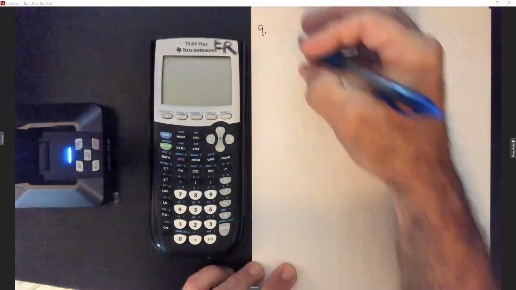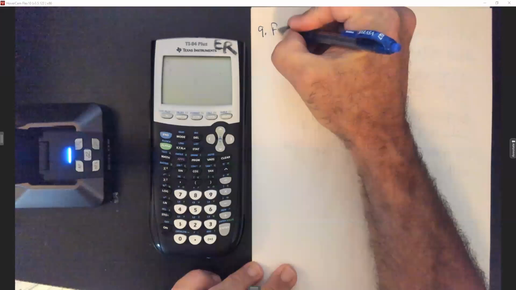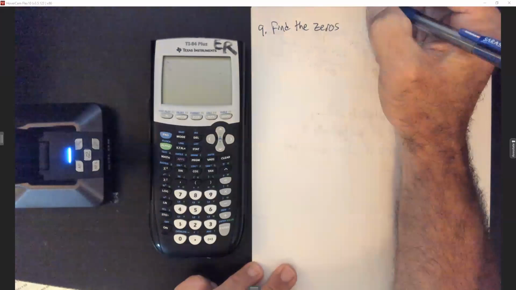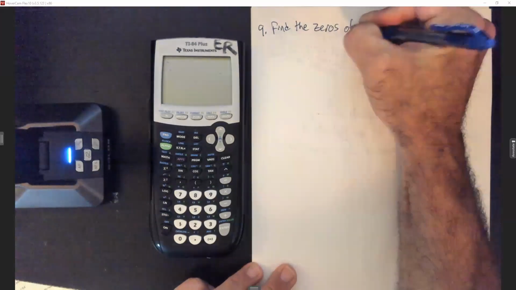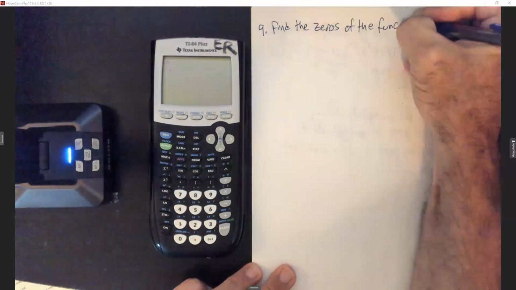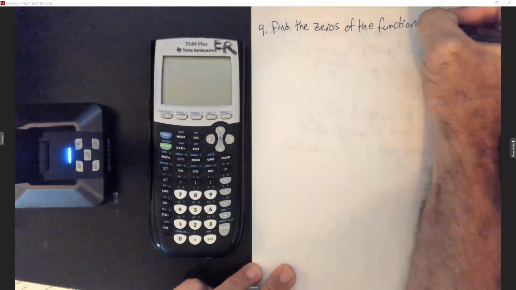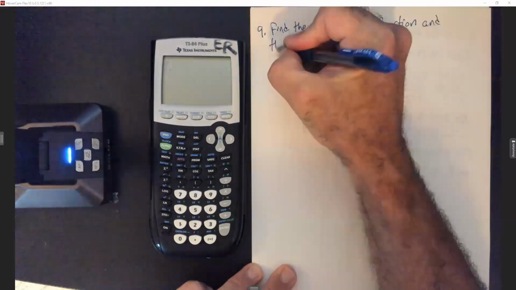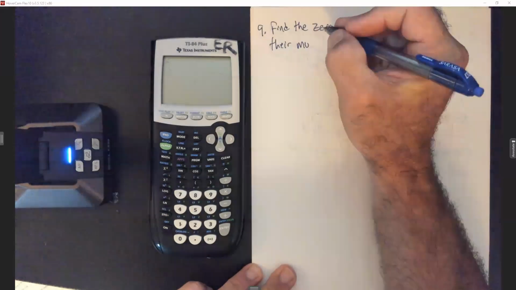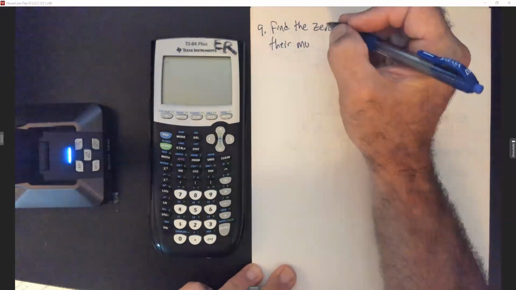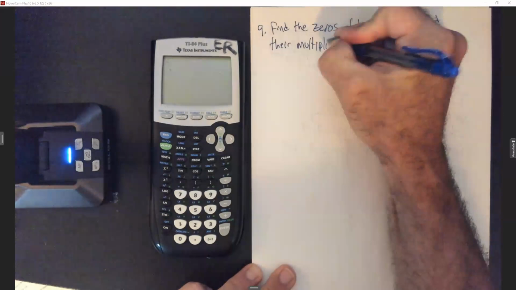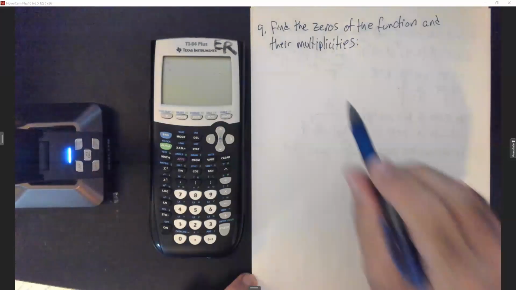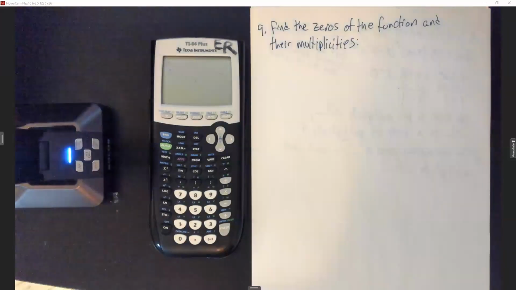We're going to find the zeros of the function and their multiplicities. Okay, close enough. All right, y'all, watch this.